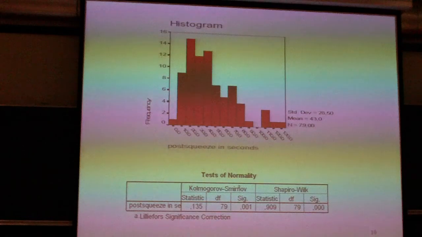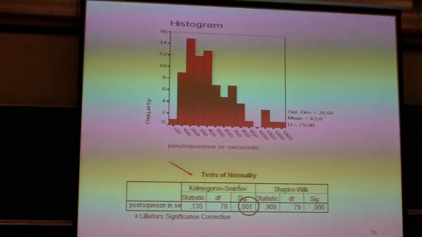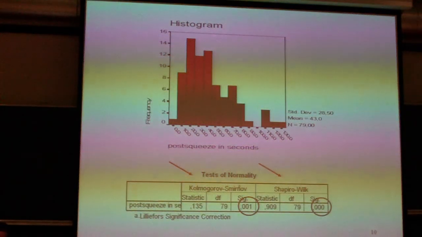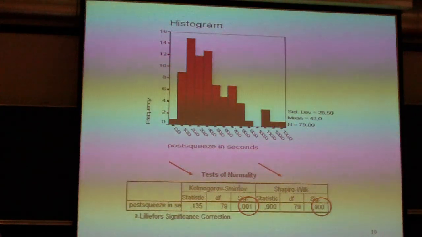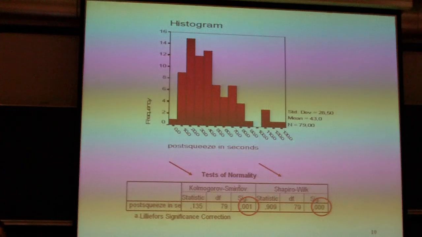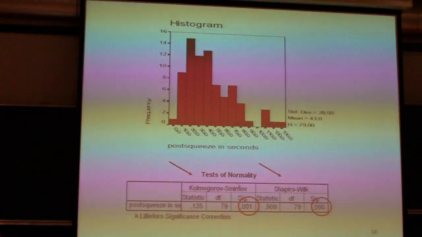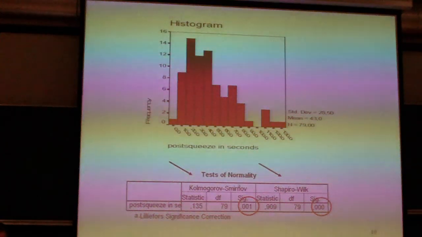And we can also see that there are two tests of normality, a Kolmogorov test and a Shapiro-Wilk test. They both tell us that the null hypothesis that this particular distribution comes from a normally distributed population should be rejected. In all likelihood, the population will be skewed to the right.